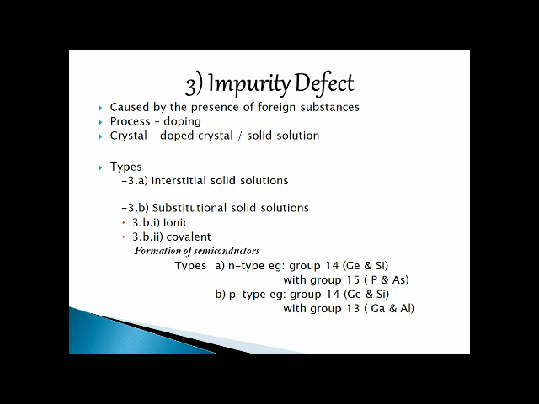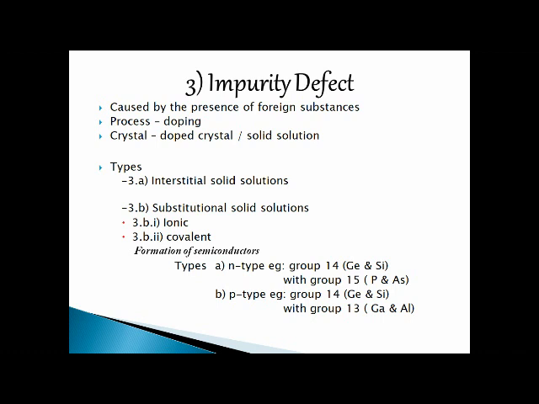N for negative, keep that in mind. P for positive. In N-type semiconductor, electrical conductivity is due to electrons, and in P-type semiconductor, electrical conductivity is due to holes.